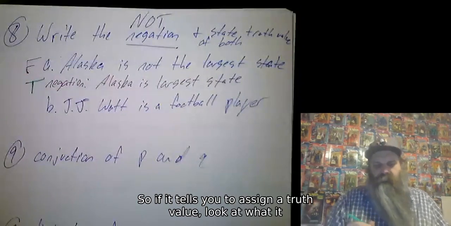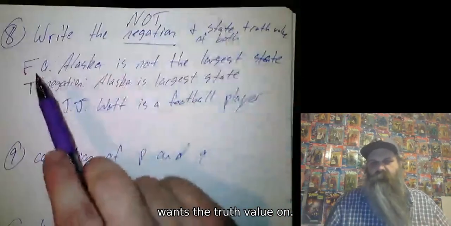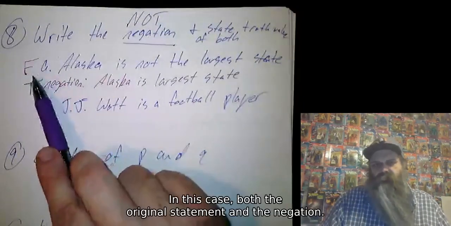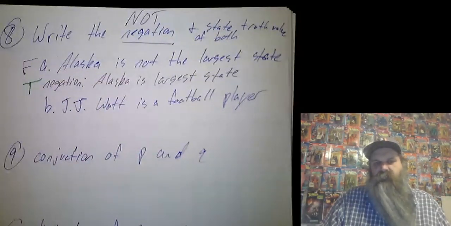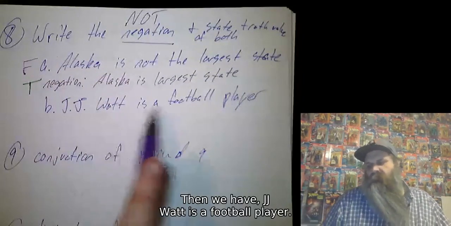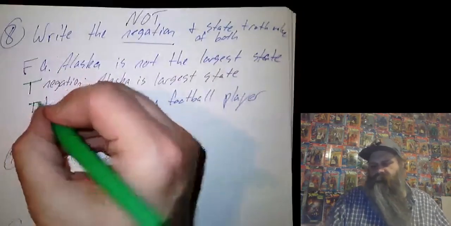So, if it tells you to assign a truth value, look at what it wants the truth value on. In this case, both the original statement and the negation. Then we have J.J. Watt is a football player. That is true.